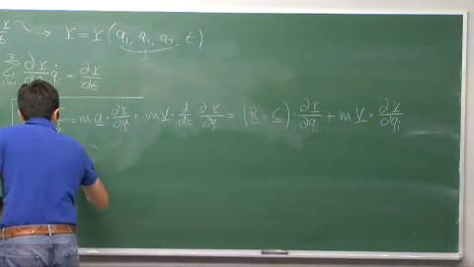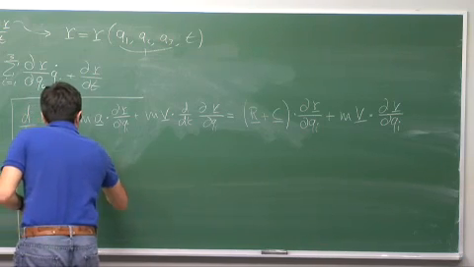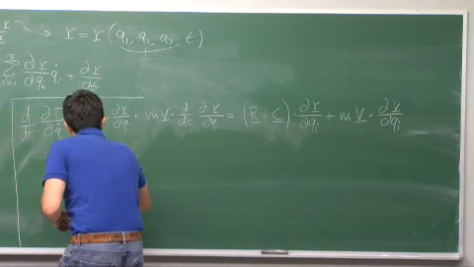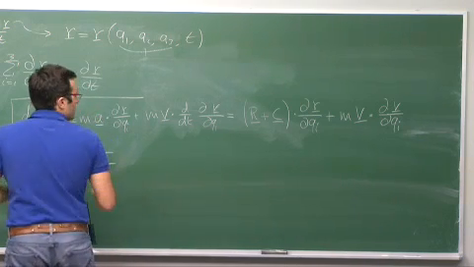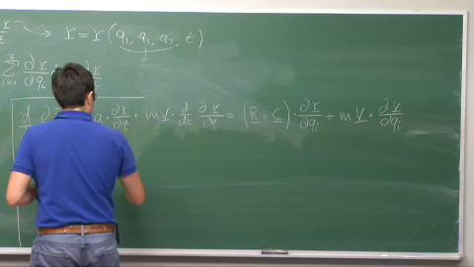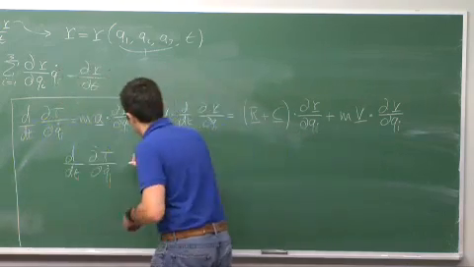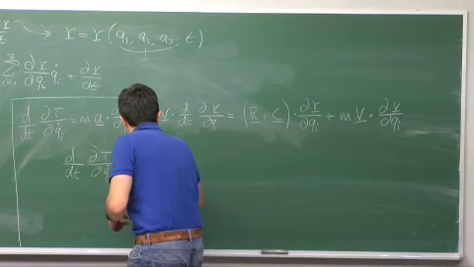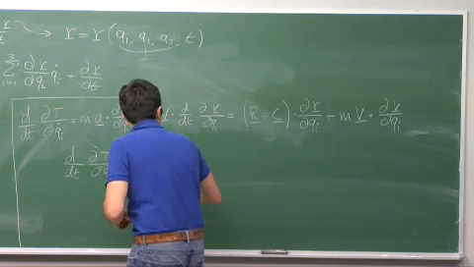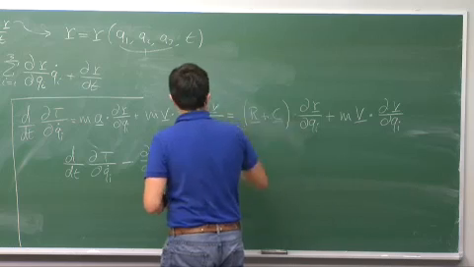I add d/dt of the partial of the kinetic energy with respect to qi dot, and let me bring these on the left-hand side, so that becomes minus partial of T with respect to qi. We're almost there. Equal to this term here.